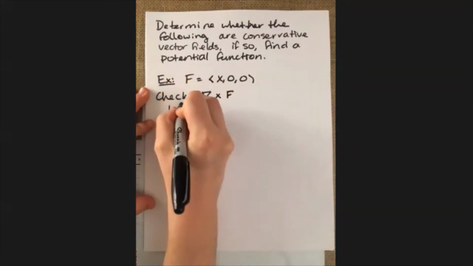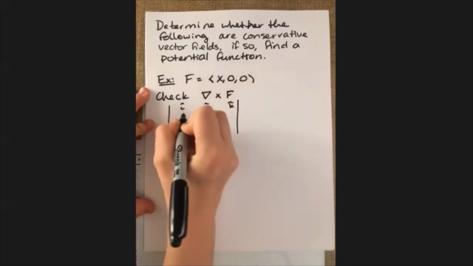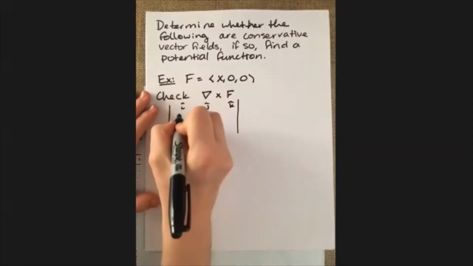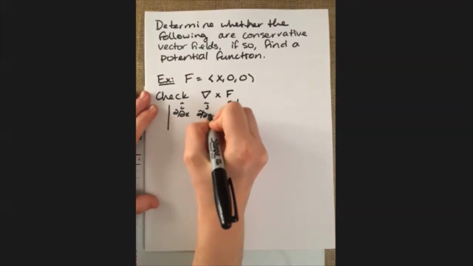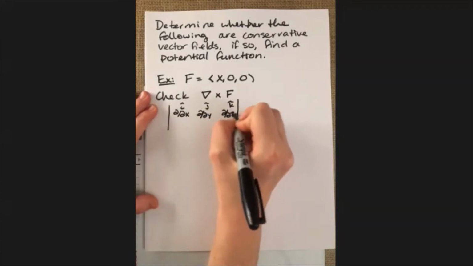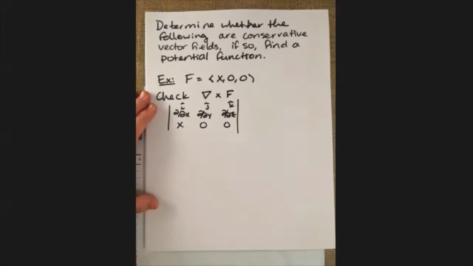So we have i hat, j hat, k hat, and we'll have a partial with respect to x, partial with respect to y, partial with respect to z, and then x, 0, 0 there.